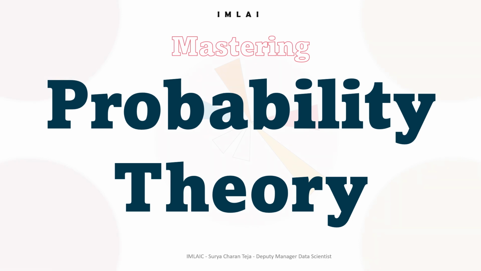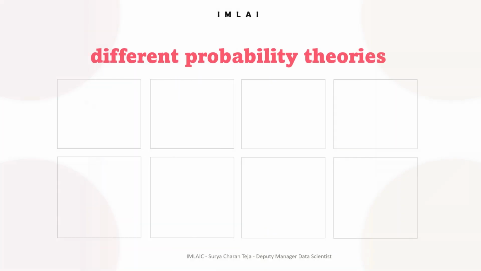I'm not going to define what probability is here. Many of you know, but I don't know what to define. So I'll begin with different probability theories. Here are some examples of situations or phenomena that can be modeled using different probability theories.